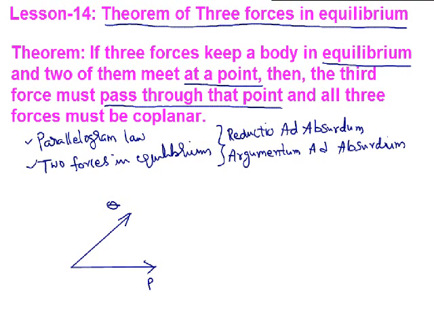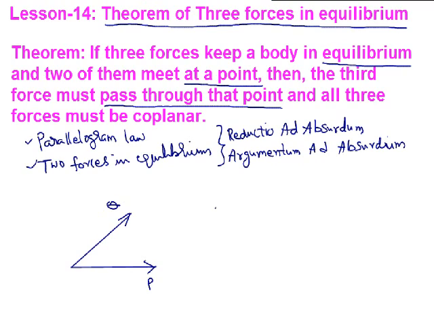The theorem says if these three forces keep a body in equilibrium and P and Q meet, the third force S must pass through that point, which we will violate.